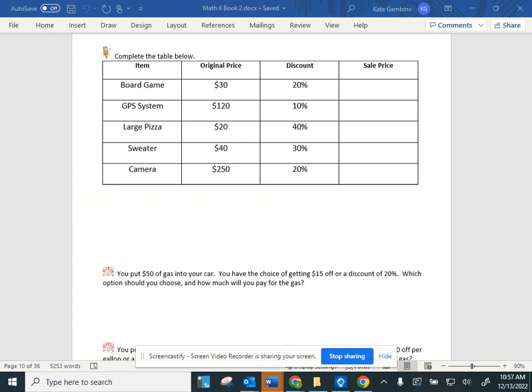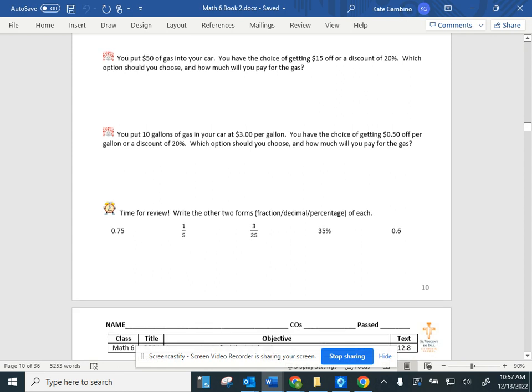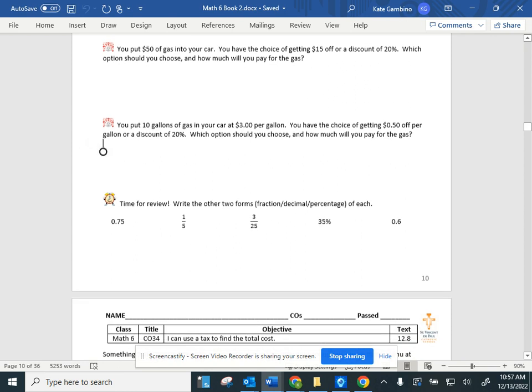So under our table that we're doing our work on, we've got 2 word problems that you're going to have to figure out how to answer. These are a little bit more complicated because it's giving you 2 different equations that you need to answer.